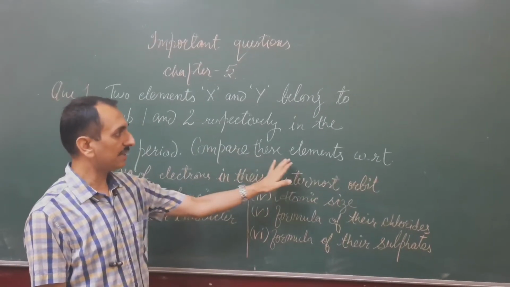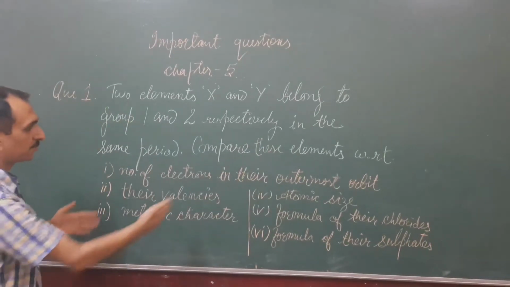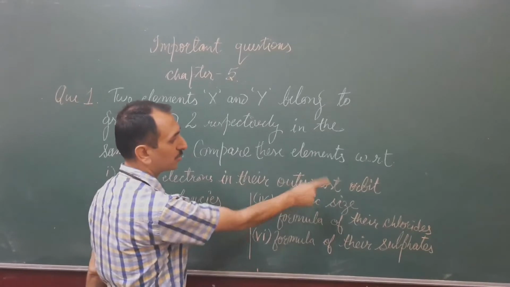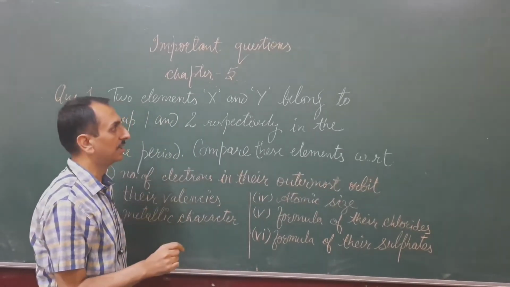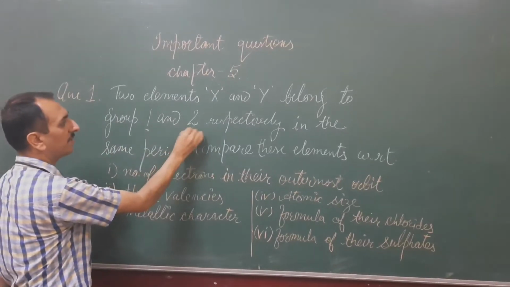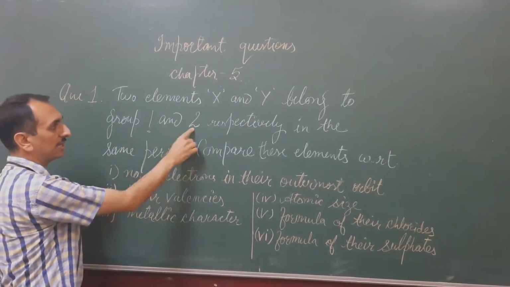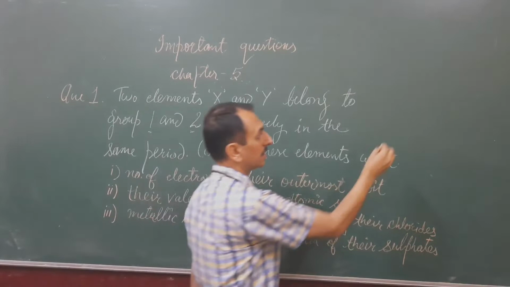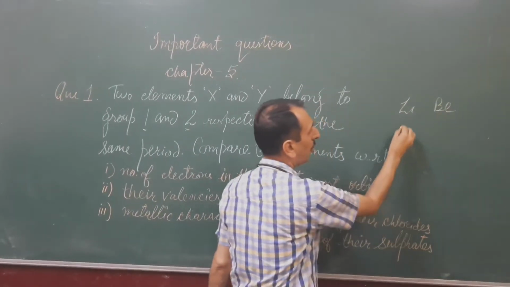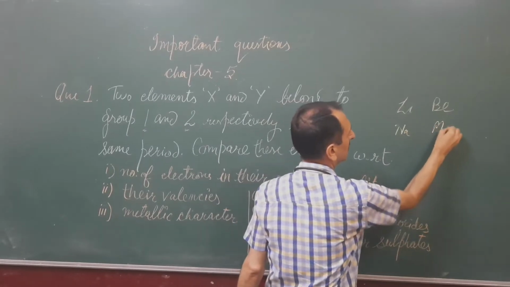Compare these elements with respect to these properties. First one, number of electrons in their outermost orbit or shell, meaning valence shell. First of all, let us take a rough example of two elements. They may be lithium, beryllium, or sodium, magnesium.